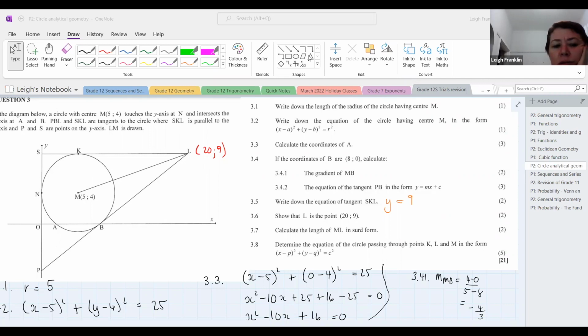No, explain it to me. I'm just not sure how working out the midpoint of M and L is going to help you work out the equation of the circle. Because I think what we need to establish here is, if they want us to write it in the form (x minus p) squared plus (y minus q) squared equals r squared, we clearly need to know the coordinates of the center, don't we?